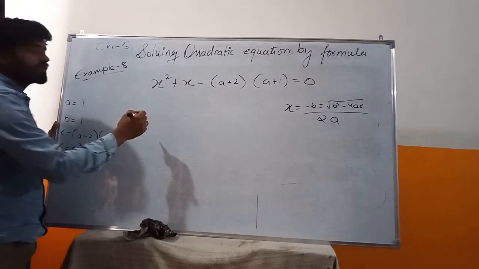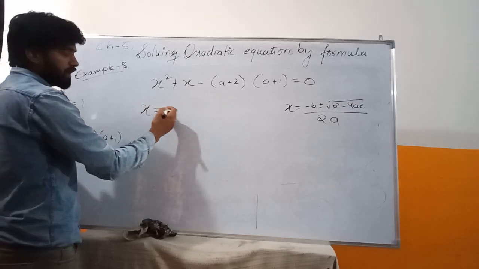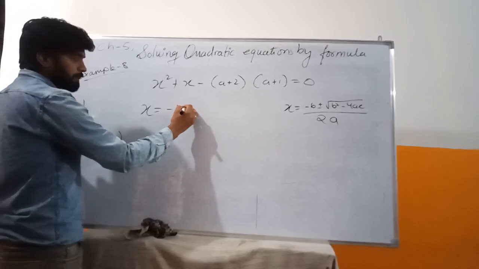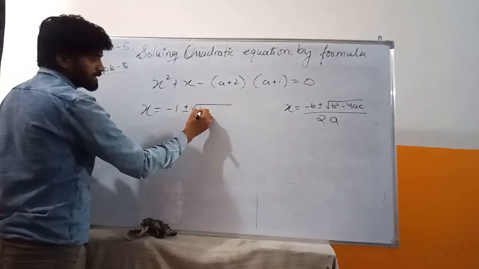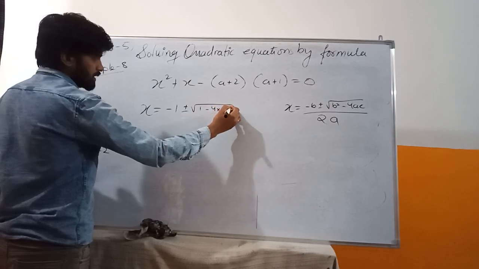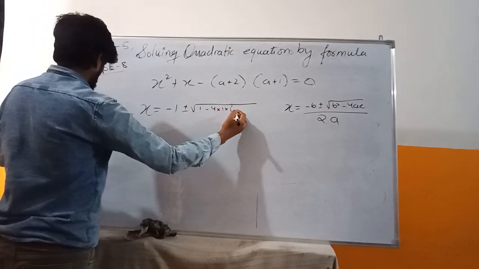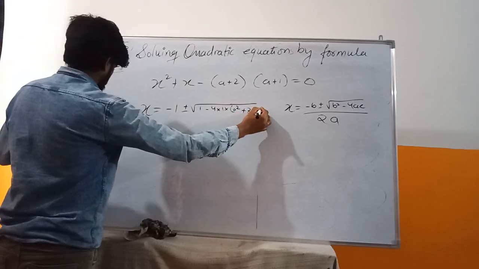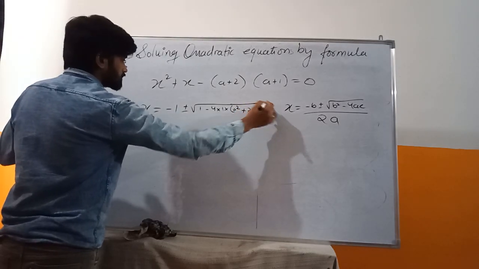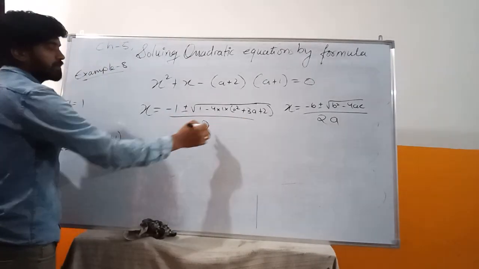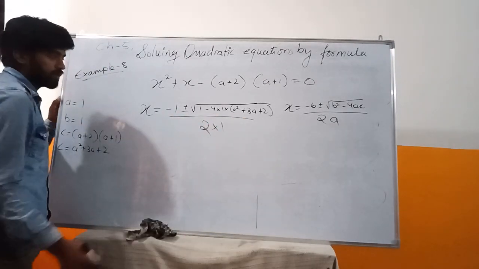Now I'm going to put it in the formula. So the x value I have to find: minus b, that is 1. So I'm going to write minus 1 plus or minus the square root of b square, that is 1, minus 4 into a into c. What is c? c is this whole thing, a square plus 3a plus 2, upon 2a, that is 2. a is 1, so let me write this also for you guys.